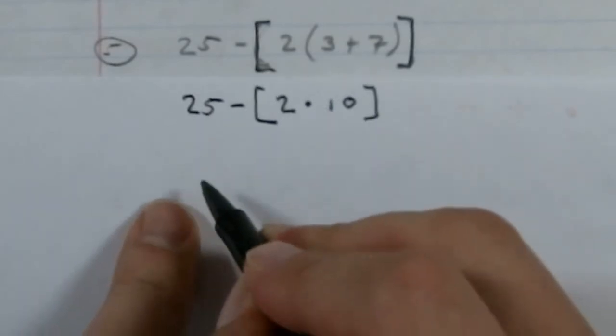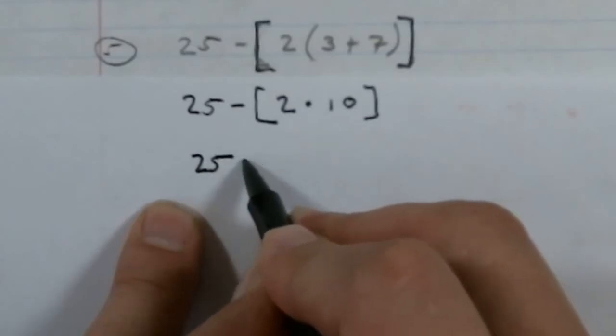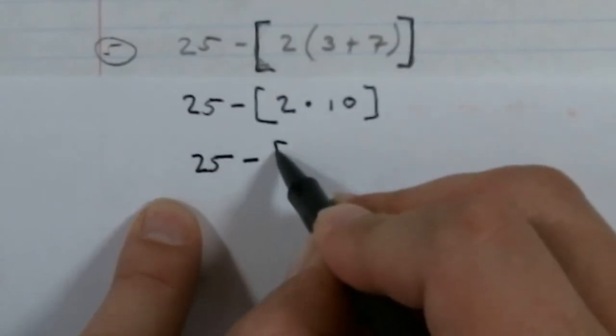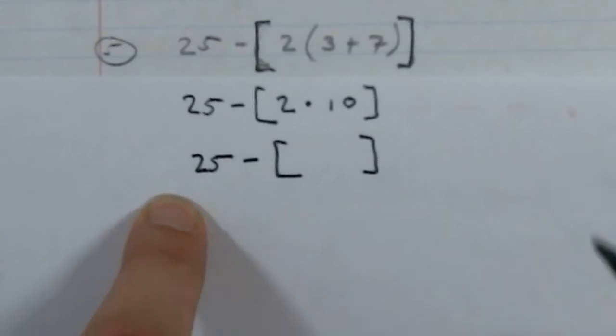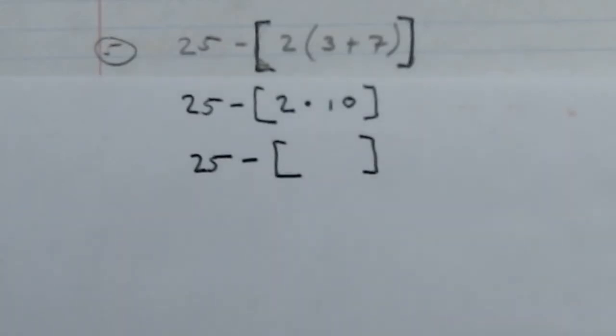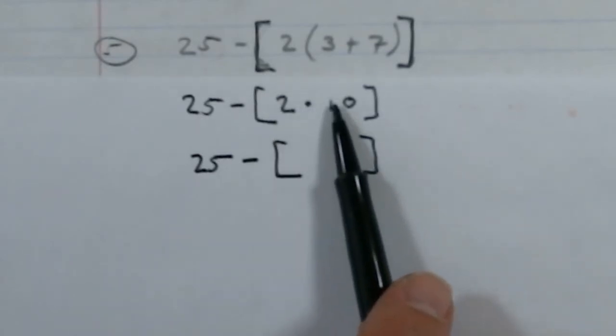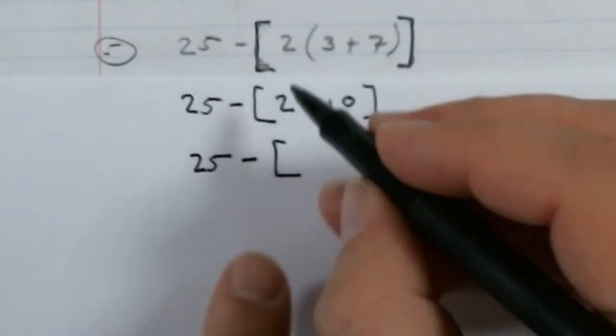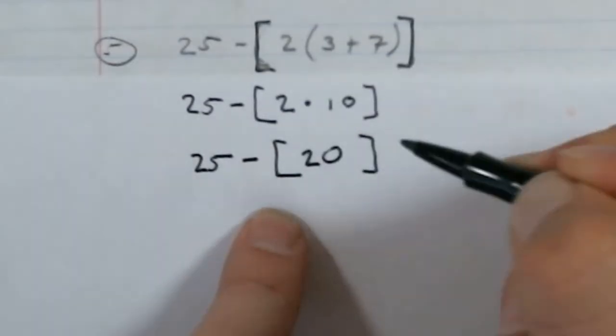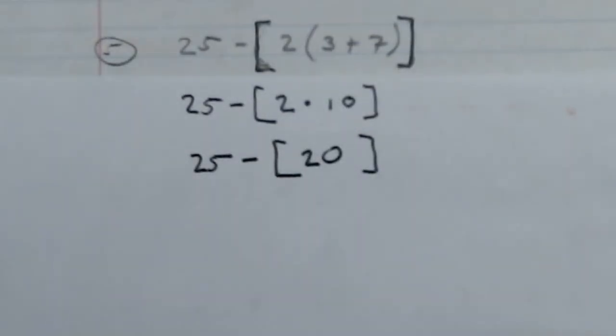So now you're going to go 25 minus bracket, and like I said, sometimes you're going to make an exception to the rule, but as long as you keep the flow, you're fine. So 2 times 10 is 20. Well, now what?